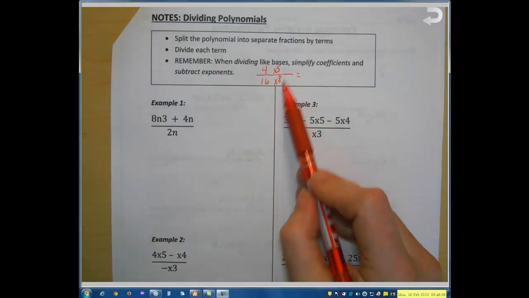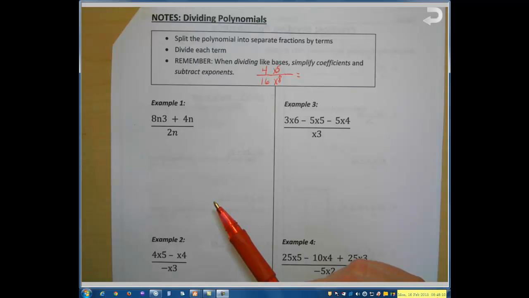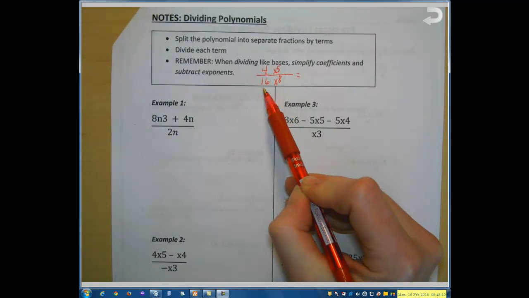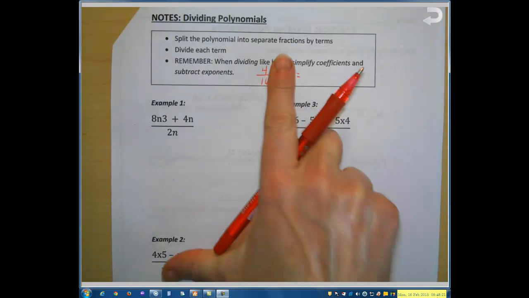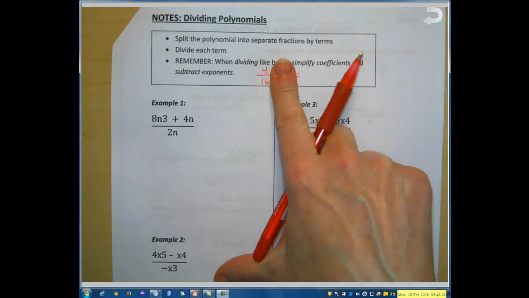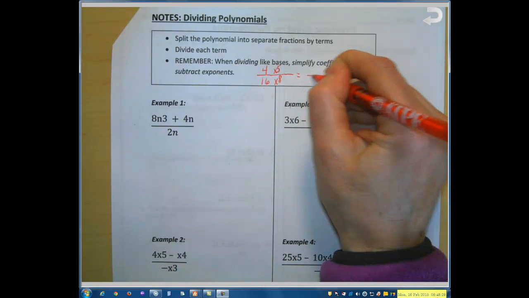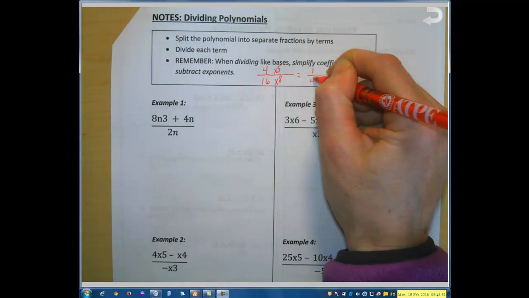Let's do an example of just dividing monomials, one term by one term, just to refresh your memory. So we are going to simplify the coefficients. So 4 over 16. Just pretend that this is a fraction that you are going to simplify that's all alone. That would simplify to 1 over 4.